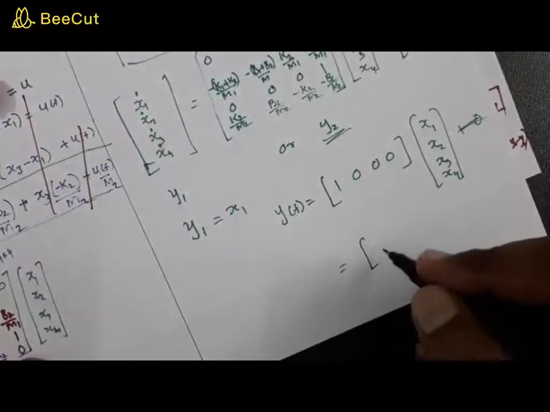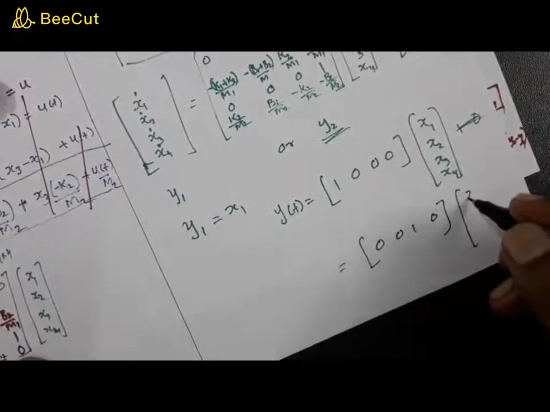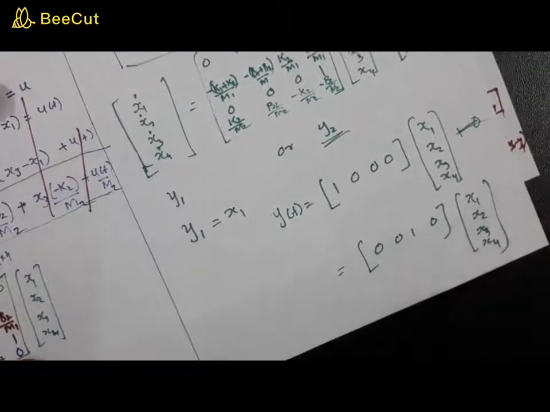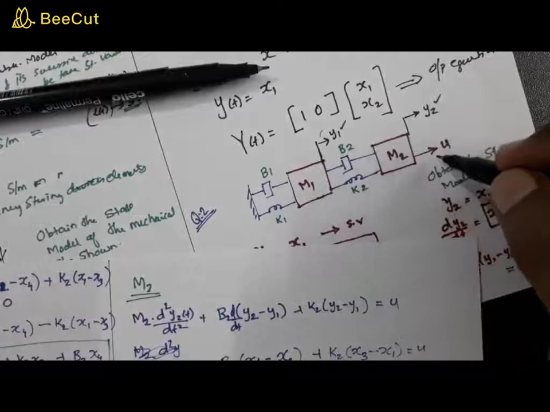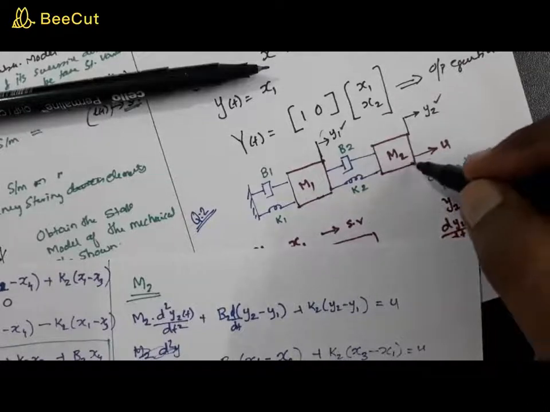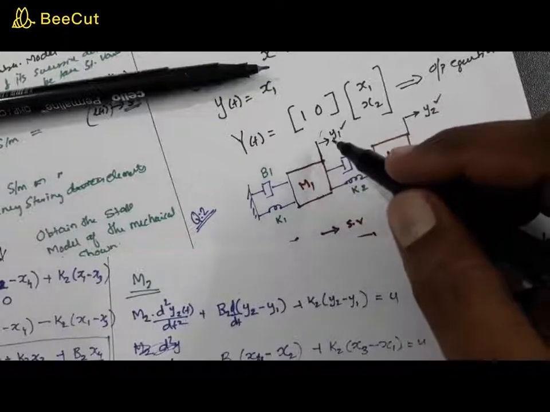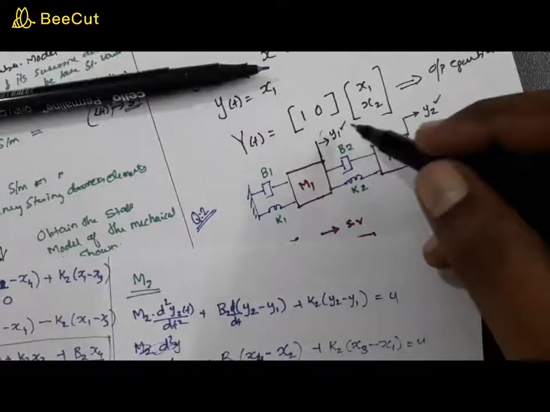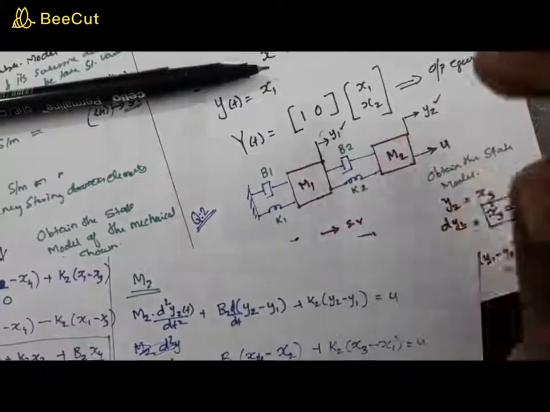If y2 is taken, then 0, 0, 1, 0 into x1, x2, x3 and x4. Okay, so this is the output equation. Normally we took y1 as output because we are applying the input at m2 and assuming y1 is your output. So these two can be your output, and you can consider anyone as the output.